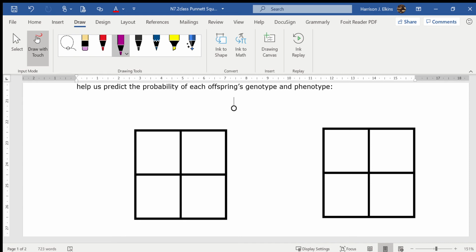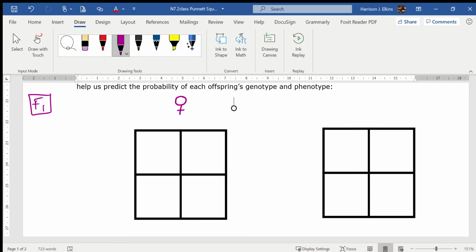Inside of these boxes is going to be the F1. So I have a purple parent, and I'm going to put the female up here. So let's say that this is the female flower.